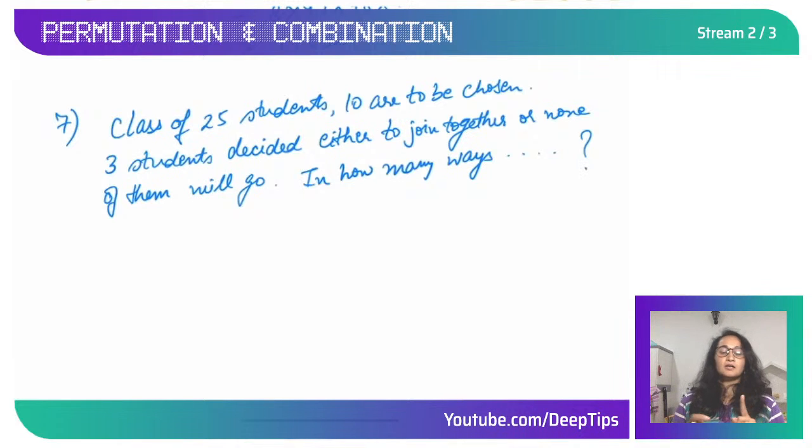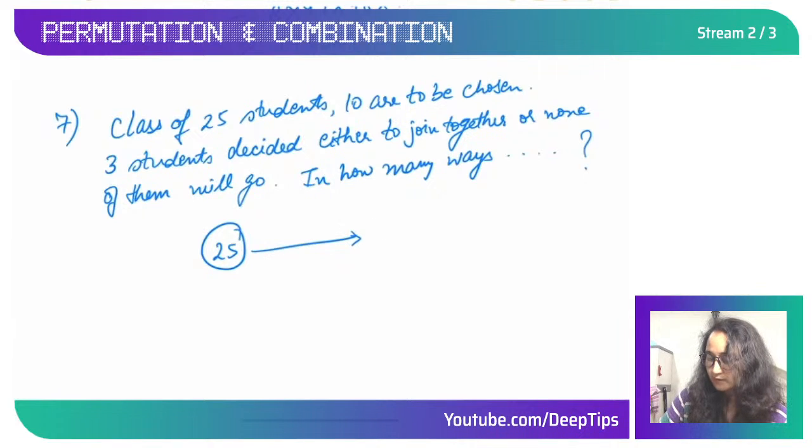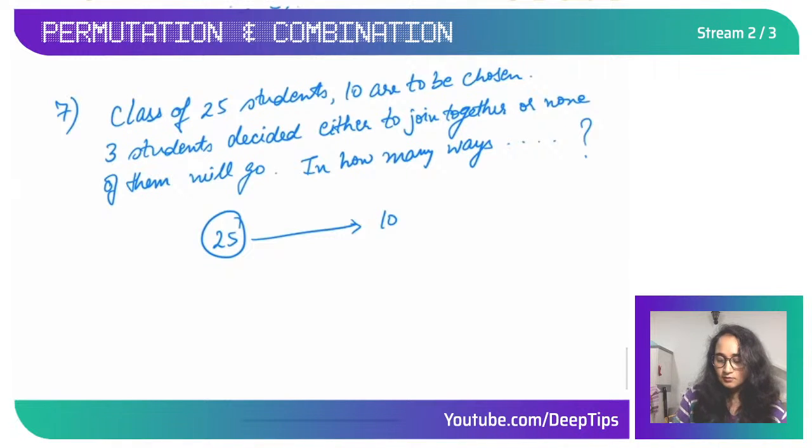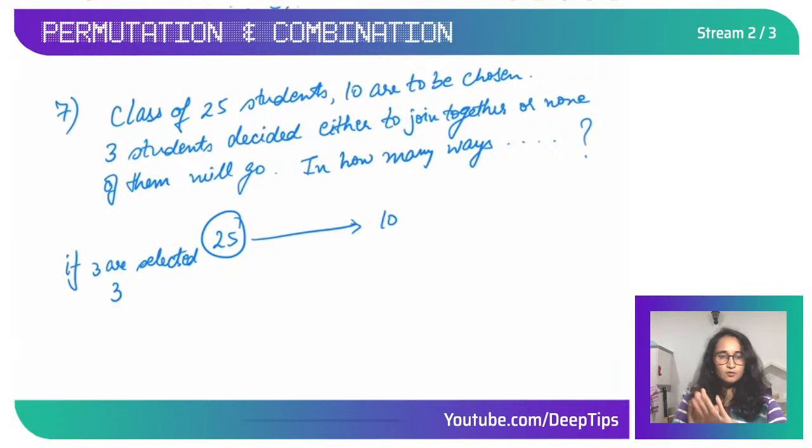Now think carefully: there are 25 students, but out of 25 only 10 will go, and the clause says the 3 students, if they get selected, suppose the teacher selects all 3 by default, then they will go. So out of 10, if 3 are selected, you subtract 3, then the remaining are 7.